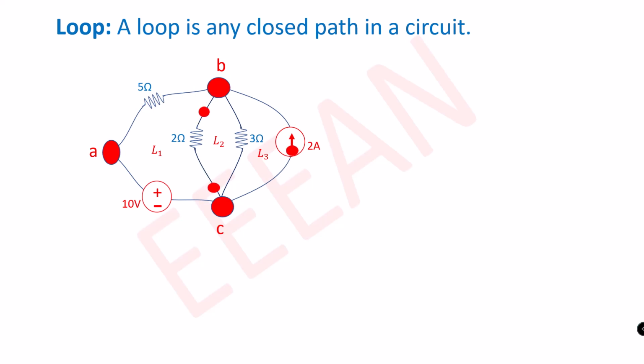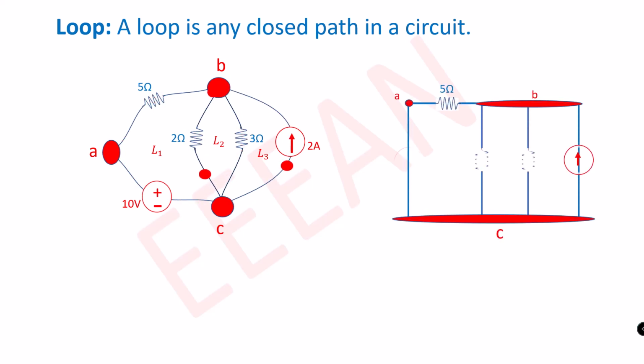Let us see another example. In this circuit there are 3 closed paths. So we can say that there are 3 loops in this circuit. How many independent loops are in this circuit? First we have to see loop 1. We can say the 10 volt voltage source and 5 ohm resistance are independent elements because they contribute only to loop 1.